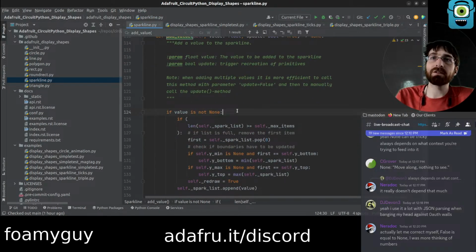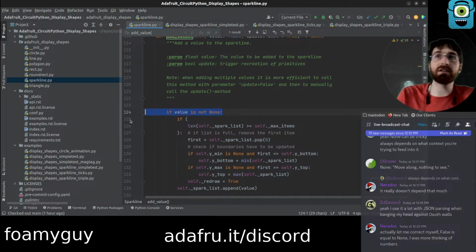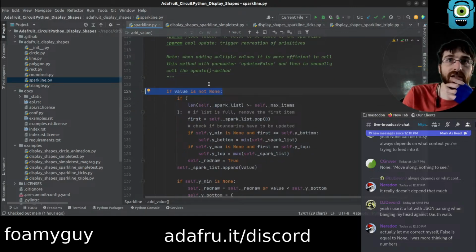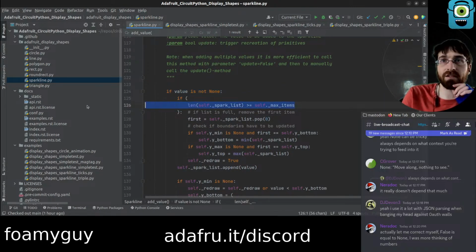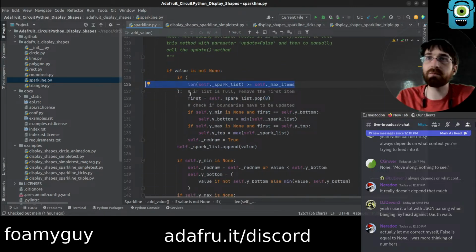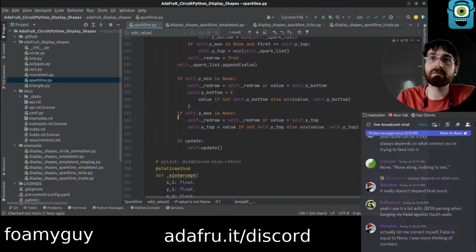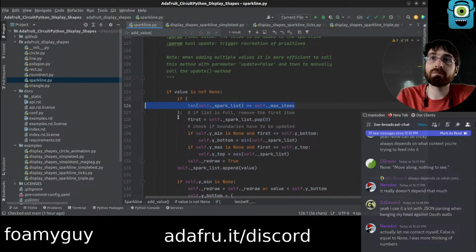Inside add value, our value is coming in and it's not none, so we're fine there. The length check we don't need to worry about. That has nothing to do with our problem. We can just assume that's going to be true. Or not.